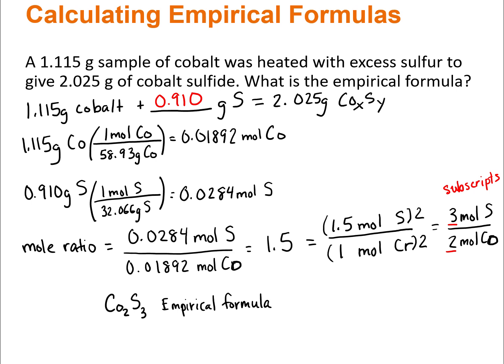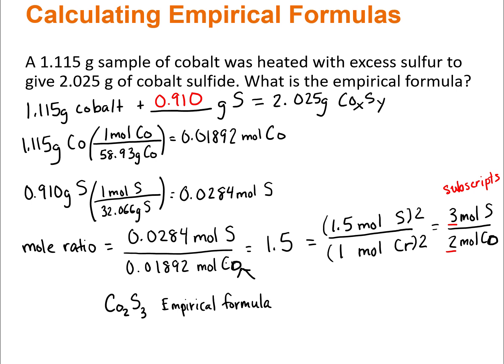You're going to take the smallest number of moles, and that's what you're going to put in the bottom of your mole ratio. Then you take every other number of moles and you do the division. We've only got two elements here, so you take the sulfur and divide by the number of moles of cobalt.